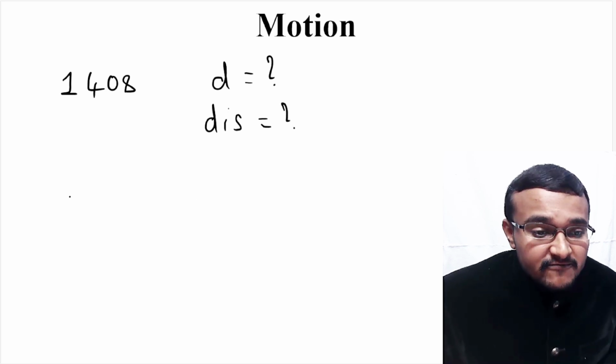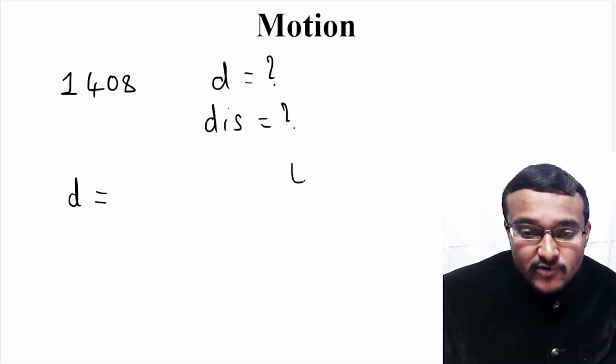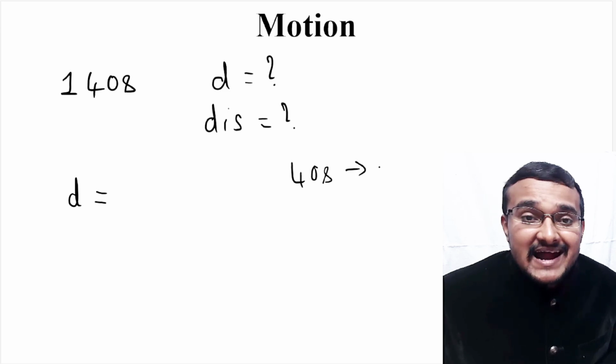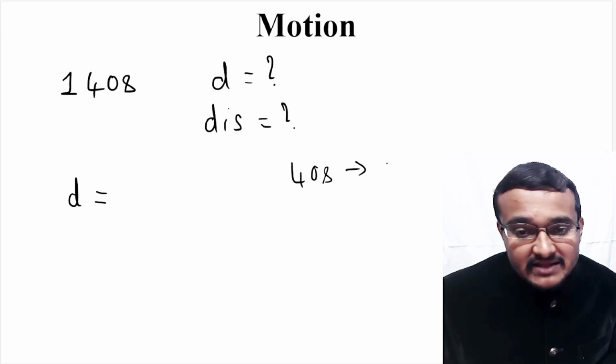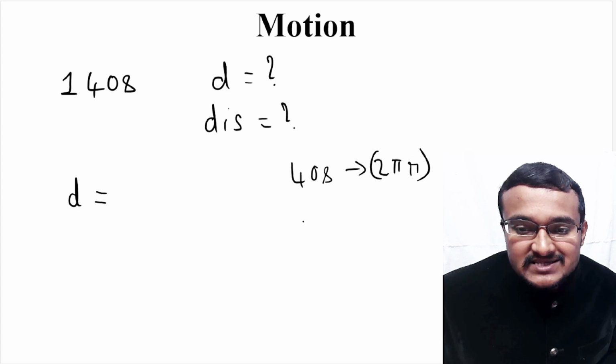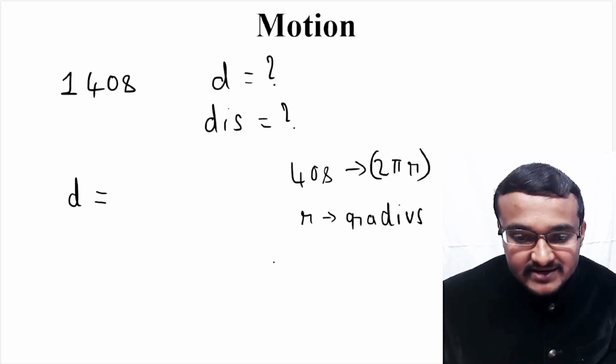Now, to calculate the distance, remember that in 40 seconds this person covers the entire circular path. That means he is covering 2 pi r distance. What is r? r is the radius. Here they have given the diameter, and half of the diameter will be the radius.